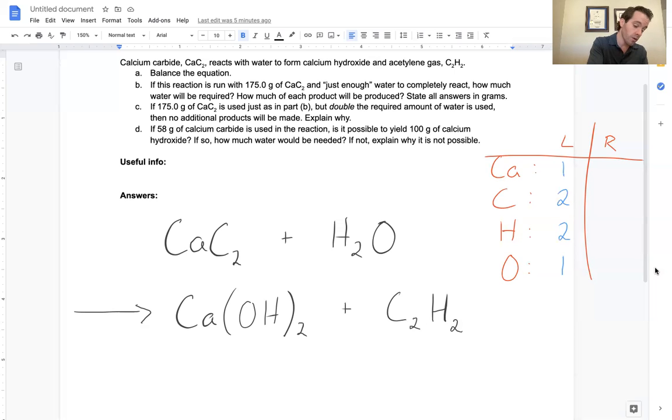On the right, you have 1 calcium, so that seems like it's already pretty much all set. There are 2 carbons, so far so good. The hydrogens, however, are not yet balanced because you have 2 of them on the right from that term, and then you have 2 more from that term. So that's going to end up giving you 4 total hydrogens on the right.